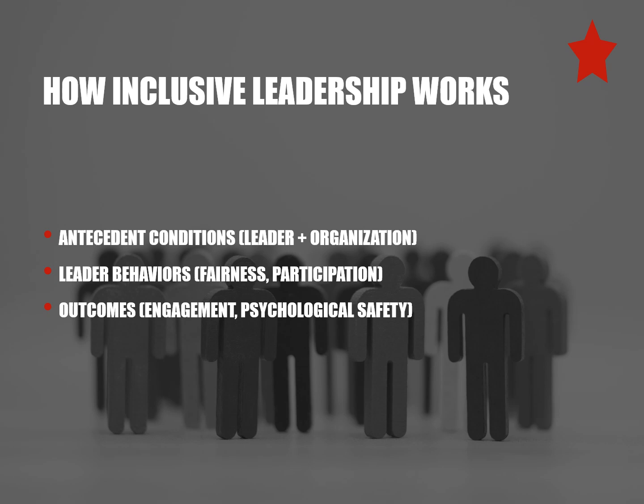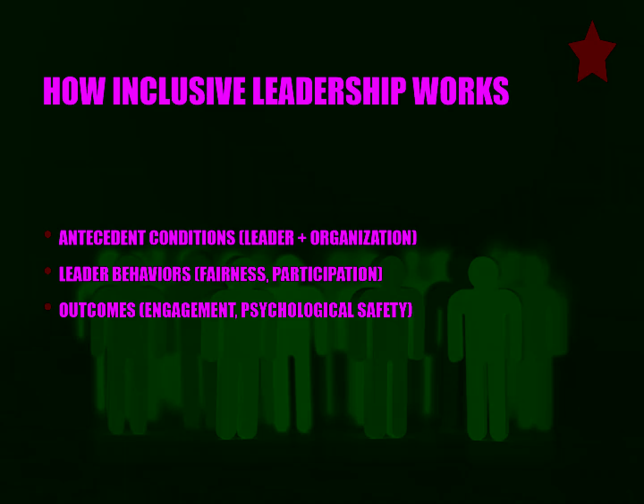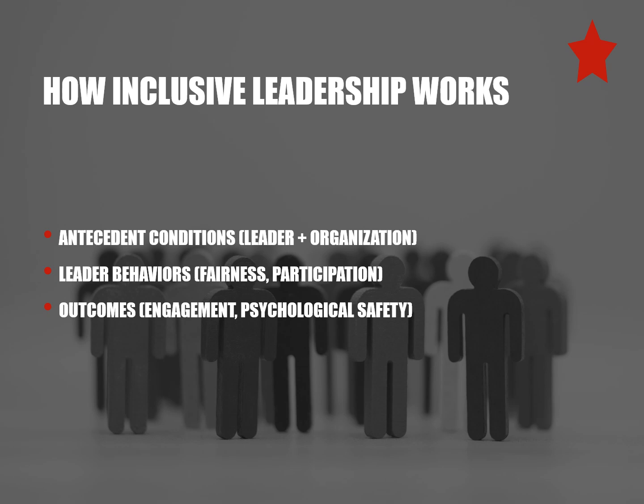And finally, the outcomes, which are the positive effects of inclusion. Followers feel psychologically safe, they engage more, and team performance improves. The key takeaway is that inclusive leadership isn't just about being nice, it's about creating a structured environment that values everyone's input.